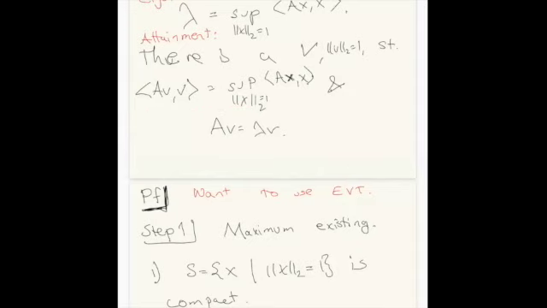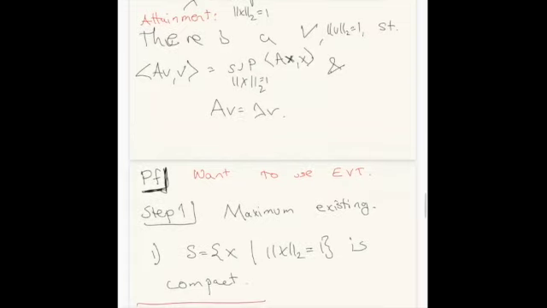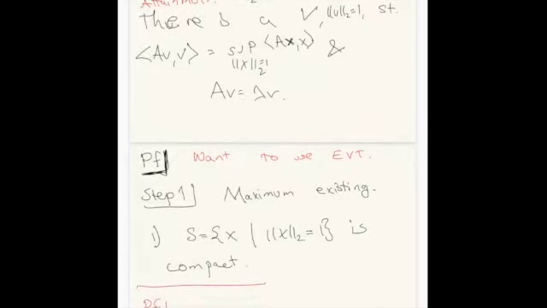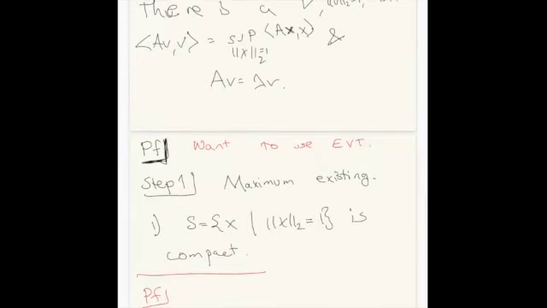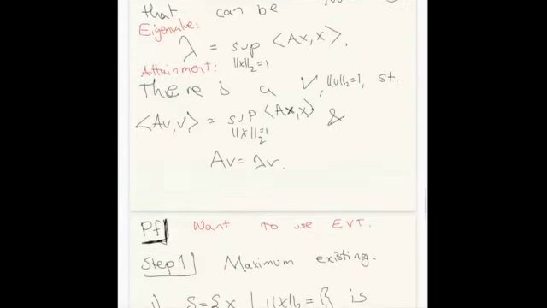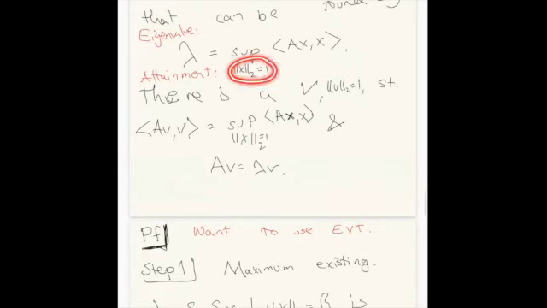But the first step is proving that there's something that we can talk about that maximizes this function. To do that, we have to look at two things. We have to look at the set of constraints, the set over which we are optimizing, and we have to look at the function that we are optimizing.